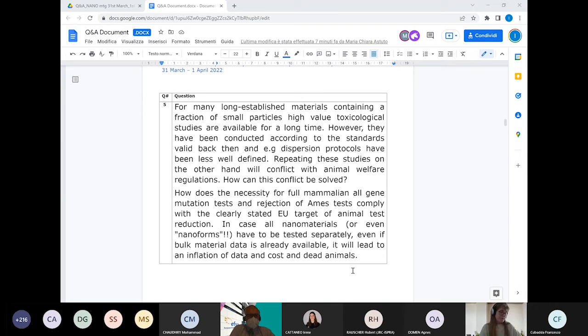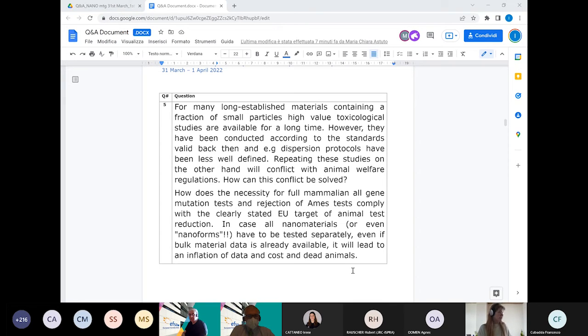So what is important to know? That, for example, EFSA evaluates several materials which are either authorized as food additives or there is a feed additive evaluation. And yes, in this case, some of the studies were performed long ago. We cannot use these studies if we do not know if the material tested is the same material as it is on the market.